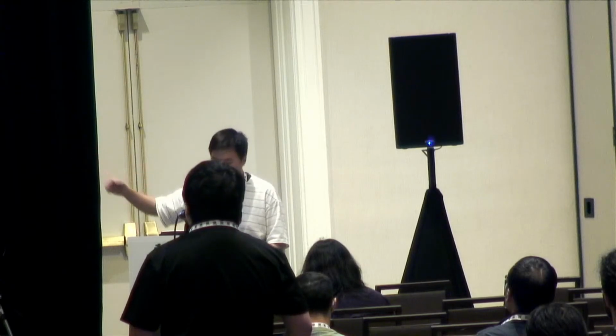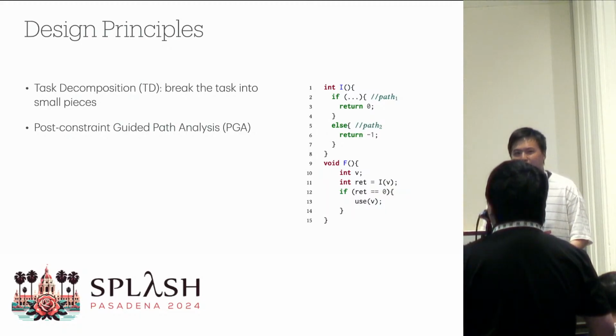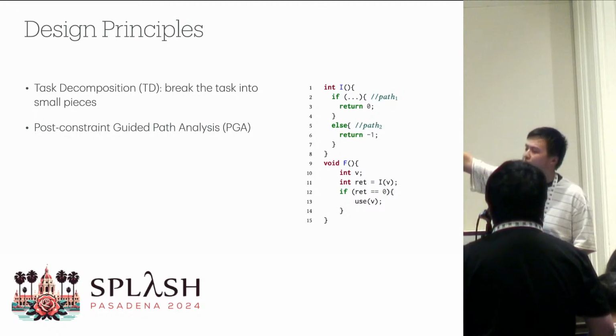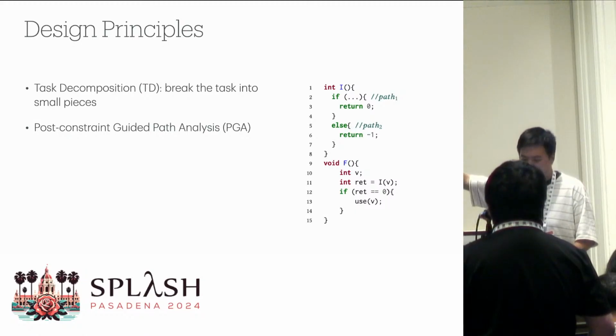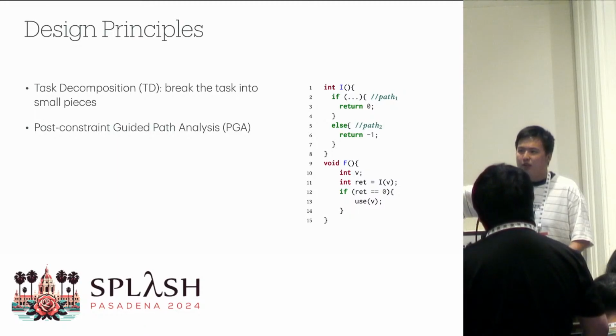Actually, you can see just this slide, our post-constraint guided path analysis. We do feel like for many cases in practice in the Linux kernel, we don't have a formal solver for the constraint, but actually for most times, for this kind of return value check, this kind of return value typically will return an integer or return an error code in the Linux kernel.